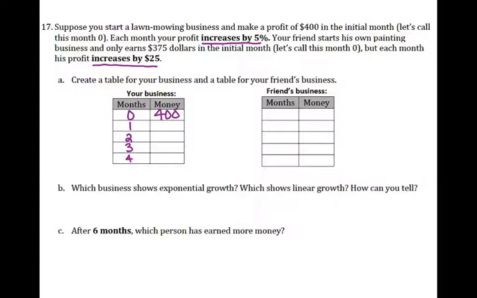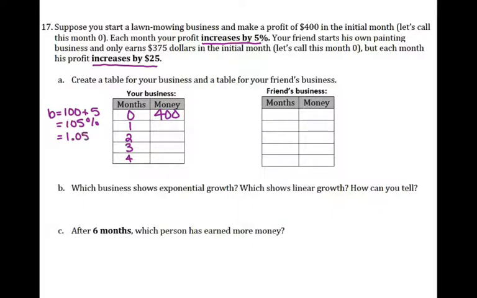Anytime you are increasing by a percent, you're going to be multiplying by something. So what I want to do is figure out what I'm multiplying by. So in this case, I am increasing by 5%. So B is going to equal my 100 plus the 5%, or 105%. And of course, that as a decimal is 1.05.